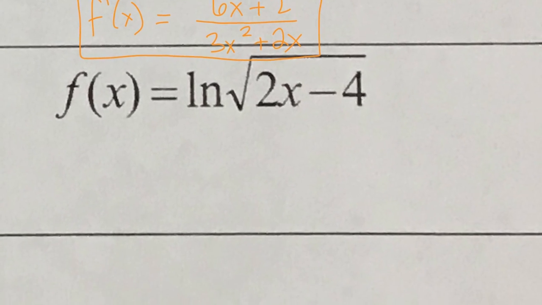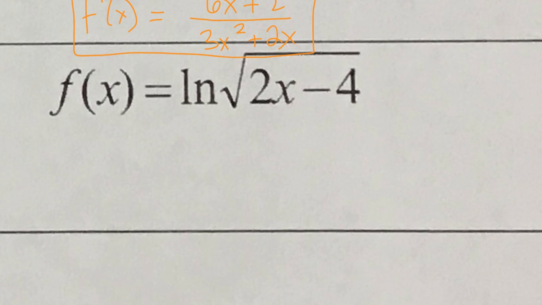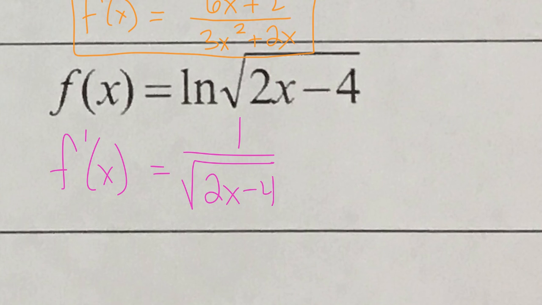It's so easy. Okay, so our last one is the natural log of a radical. So we are definitely going to be using lots of rules, particularly chain rules. So f prime equals 1 over the square root of 2x minus 4 times the derivative of the root of 2x minus 4.